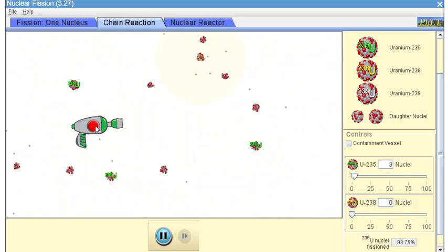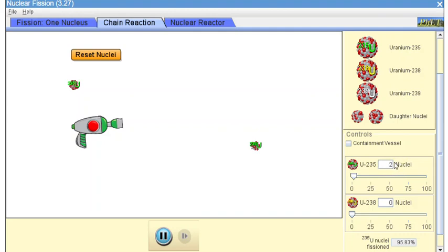As more neutrons are released, there is more chance that those neutrons collide with the nuclei of uranium-235 and the nuclear fission occurs.